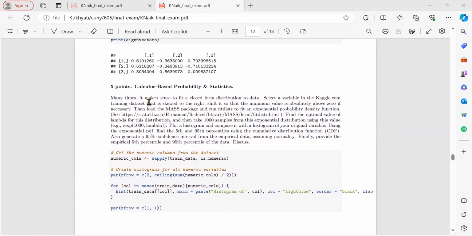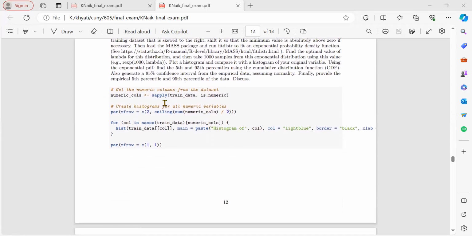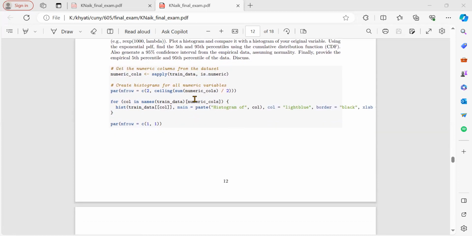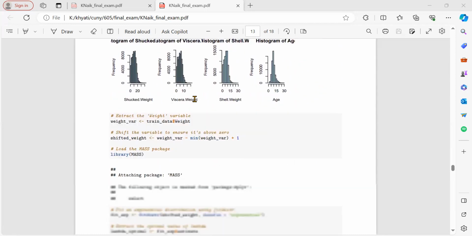Moving on to our next question, which is calculus-based probability and statistics. We are taking the numeric columns from the data set and viewing them. These are the histograms for all our numerical data.